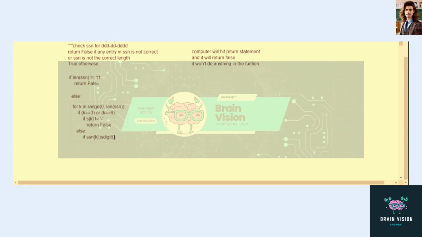So I use the isdigit method on the string element SSN of k, and I check if that's false. If it's not a digit, then I just return false.